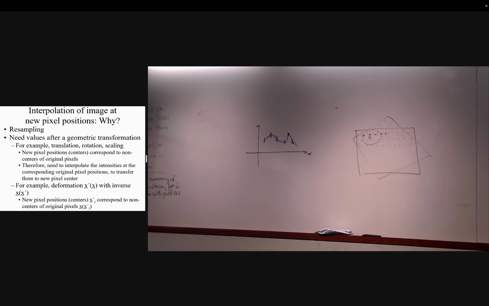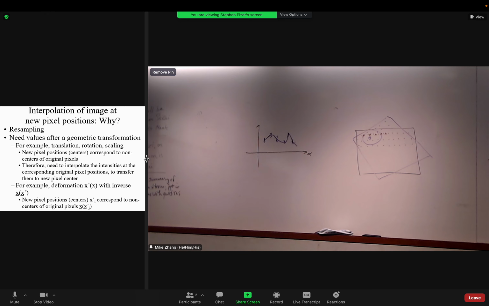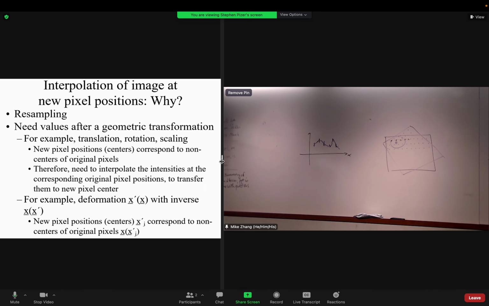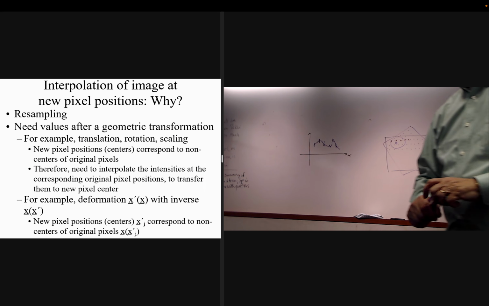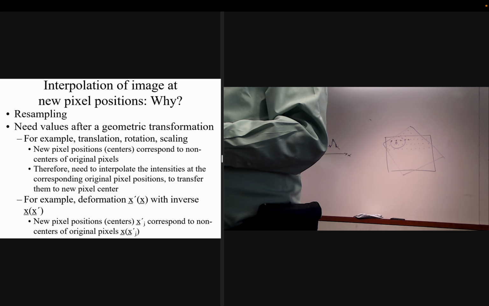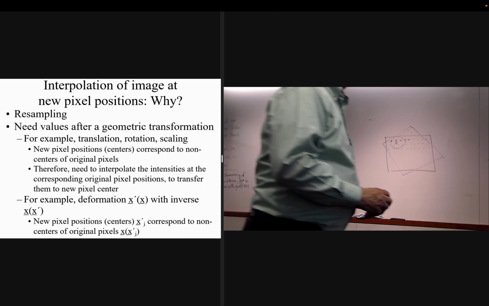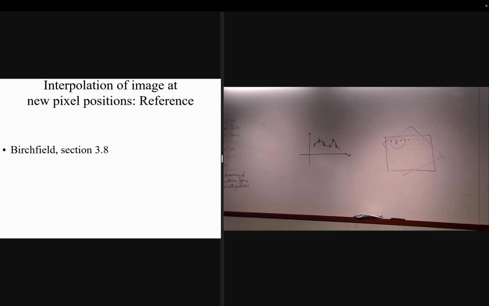You studied that in what, 9th grade, 10th grade, 11th grade, somewhere along that way, right? Those similarity transforms are up above for translation, rotation, and scaling, but we also have deformation. All of them are going to require interpolation. And so we have to think about interpolation. Okay, there's a reference in Birchfield.